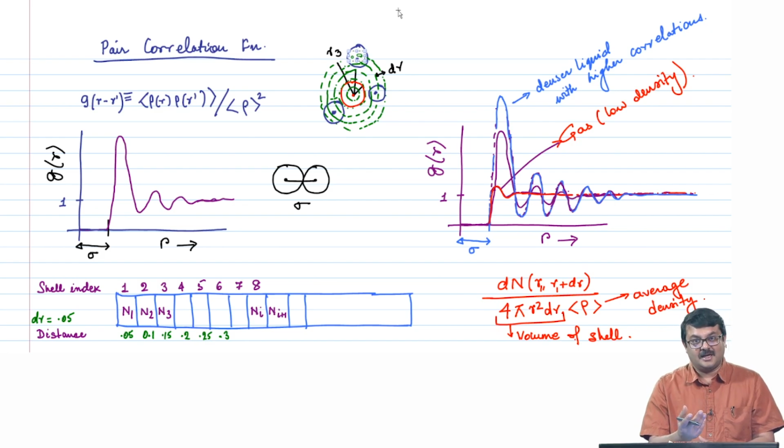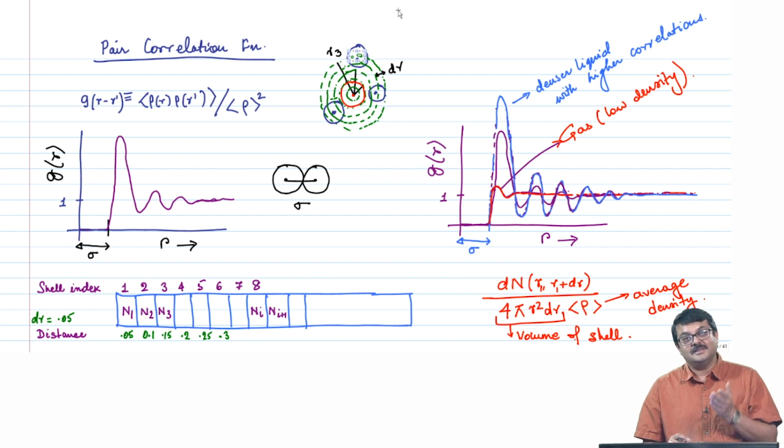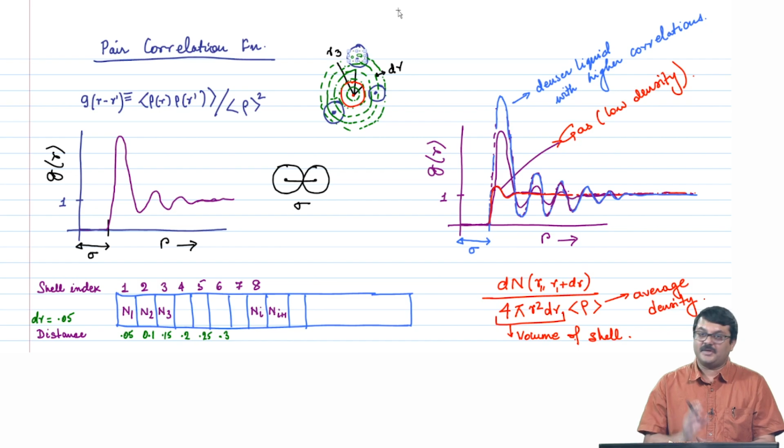When I say r2, I actually mean r2 plus dr. When I say r1, I mean r1 plus dr. So, how many particles are there within those concentric circles, and then you repeat that for particle number 3 and 4 and 5 and 6 and for n particles, where n could be around 1000 or 5000, it depends upon the number of particles in your box.